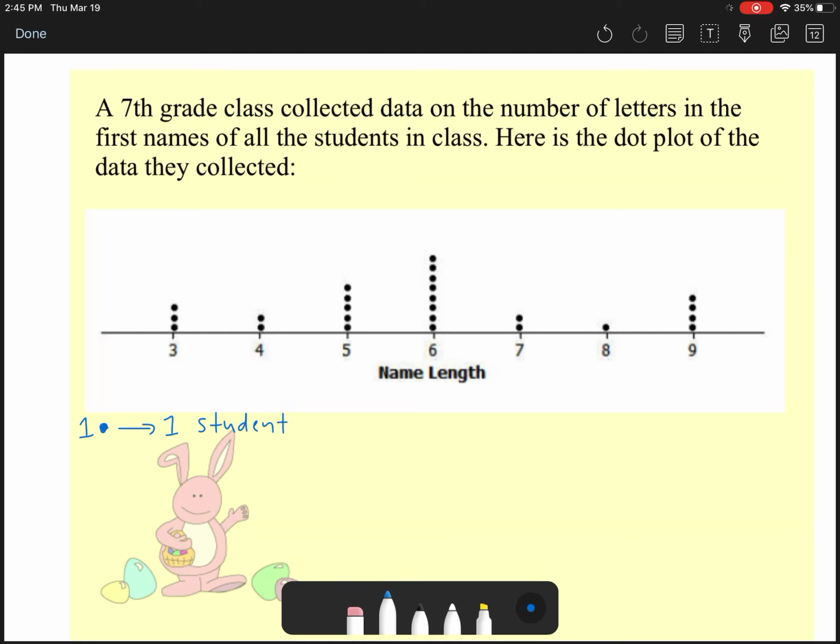So if we look at this, how many students in the class have 5 letters in their name?